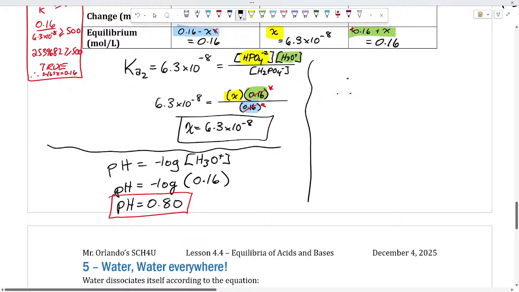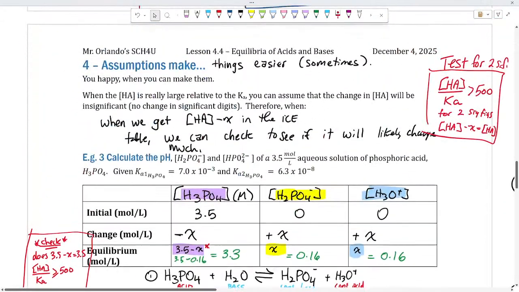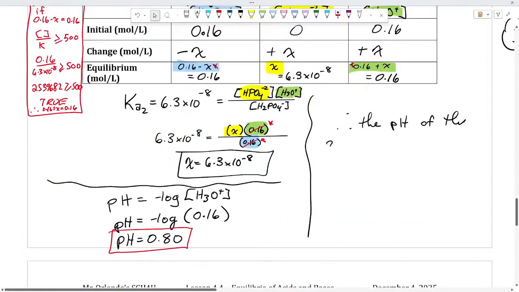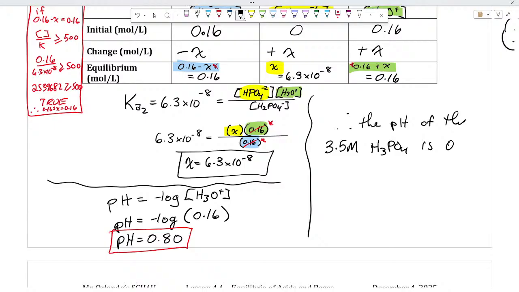So therefore, we can say the pH of the... What was the original concentration? 3.5 molar? 3.5 molar H3PO4 is 0.80.